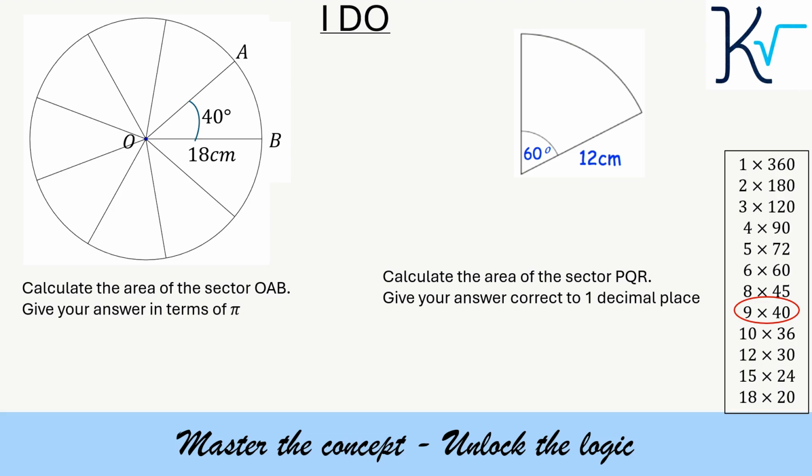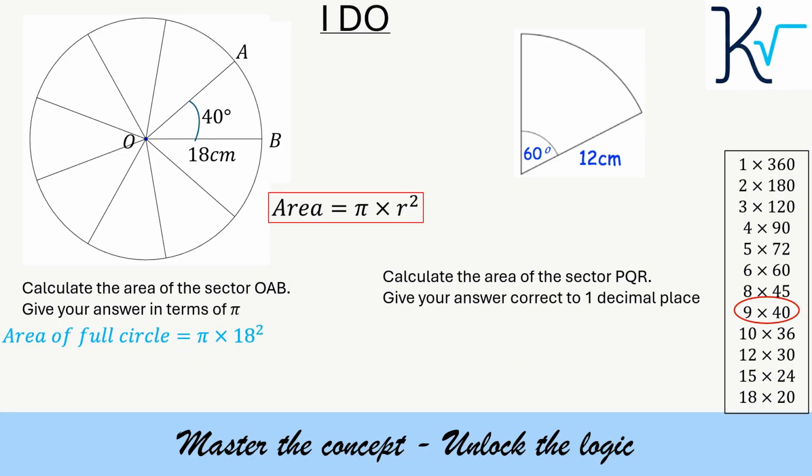The area of a circle is pi times r squared, as stated earlier. Now let's substitute the radius, here 18, into the formula. We get pi times 18 squared. Now watch out for this common mistake of thinking 18 squared is 18 times 2. It's actually 18 times 18.